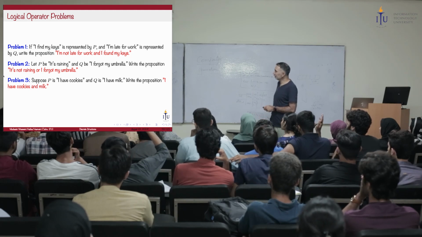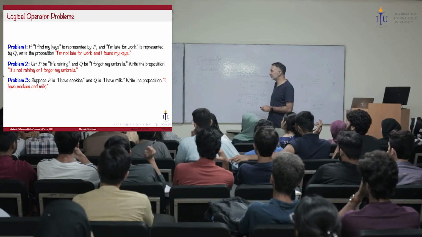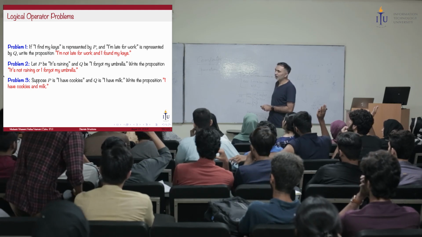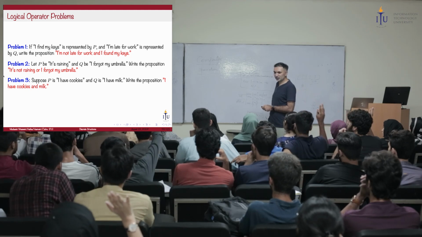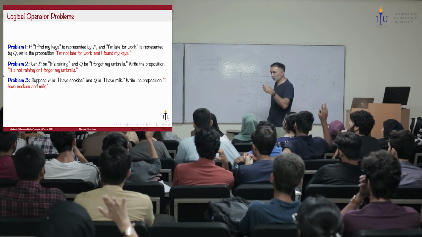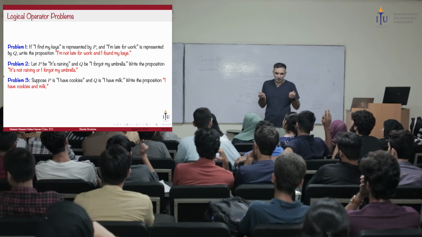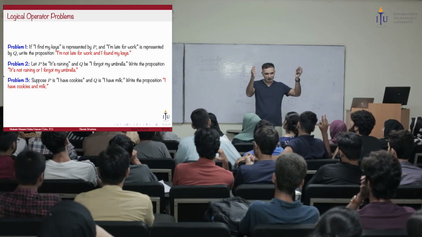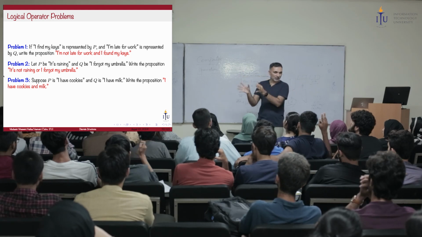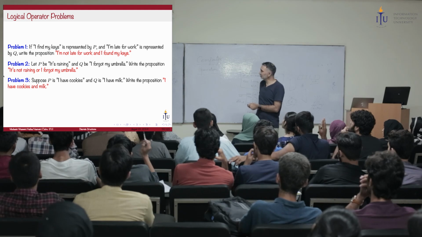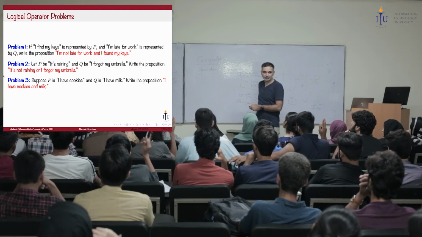No. So see, the thing is, you don't tell me whether this thing is false or not. You tell me how do I write it down as conjunction, disjunction, negation, or exclusive OR operator based on P and Q. I have a P statement and a Q statement. Now I have a bunch of operators that I can use to make another compound statement which represents this statement.